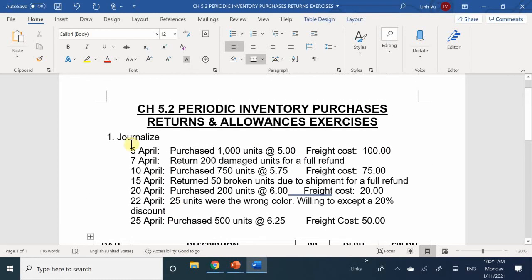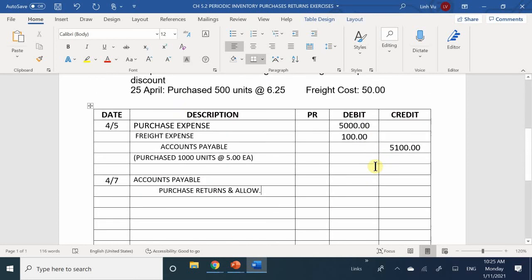If I return a total of 200 damaged units for a full refund, how much am I actually getting back? $1,000. Yes, you're getting back a total of $1,000. So that means it's going to decrease the amount that you owe by $1,000.